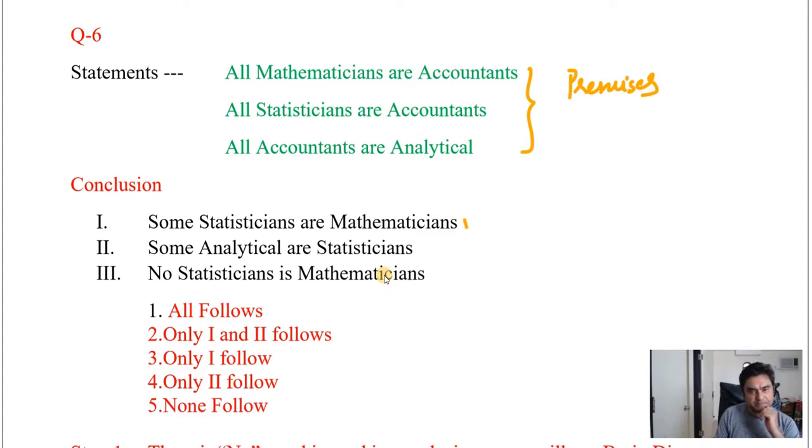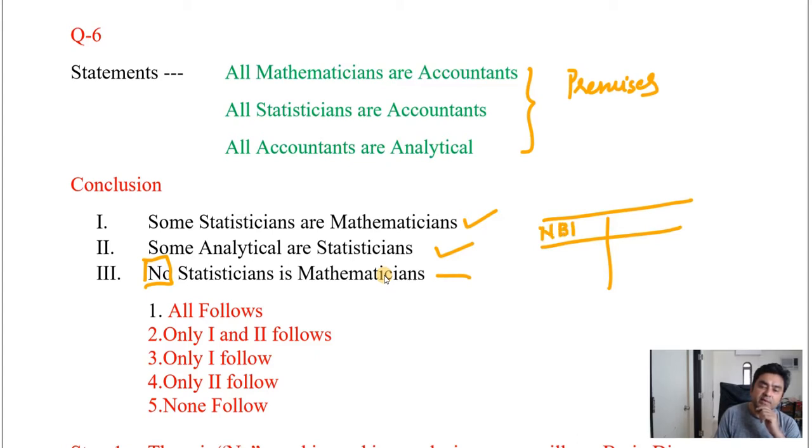No statistician is mathematician. So here the word no is coming. The moment the word no comes, you have to draw two diagrams. One is the non-brain diagram, which is as per this statement, and the brain diagram is as per your imagination. Now look, this is a non-brain diagram. Under the non-brain diagram, what is written?